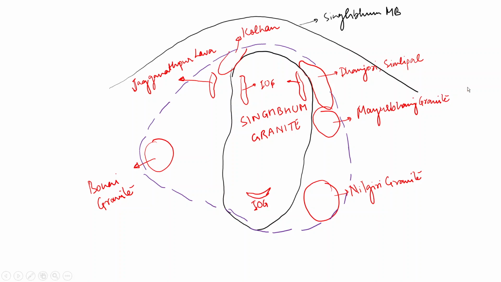Now, in this, the OMG and OMTG have an age of 3.7 billion years, followed by Singhum granite phase 1 and 2, then the iron ore group, and then again Singhum granite phase 3. Then in the previous slide, I had mentioned the Dhanjoris. Now here I have told you about Jagannathpur and Kolhan. So the Dhanjori, Kolhan, and Jagannathpur, which have an age of almost 2.3 billion years, are platform sequences.